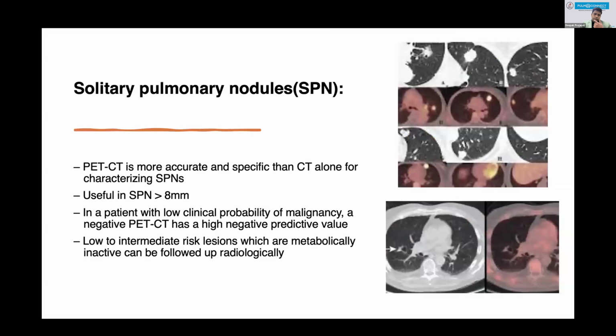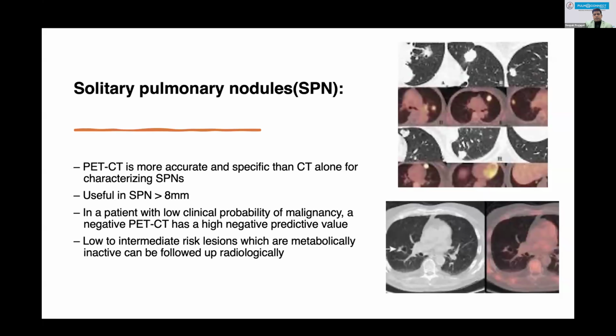And apart from mediastinal lesions, for solitary pulmonary nodules, the PET is more accurate and specific than CT alone for characterizing them, and it is useful in nodules of more than 8 mm. In patients with low clinical probability of malignancy, a negative PET-CT has a high negative predictive value.